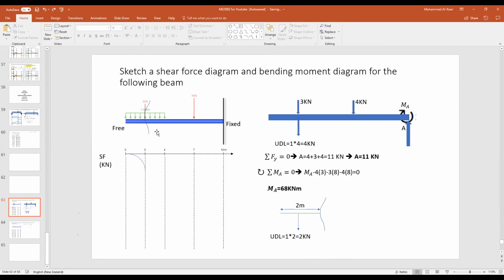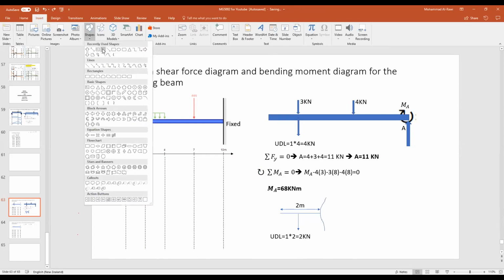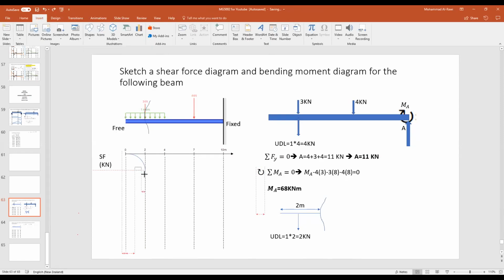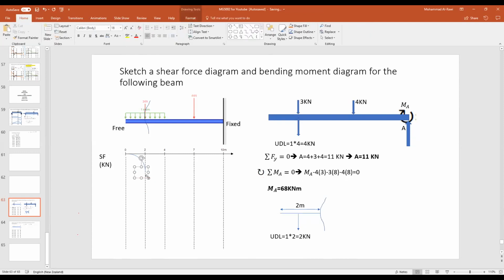Here I'll just write in a box that this is the value of 2. But why is it -2, in the negative? Because we have a force going only in the negative direction.